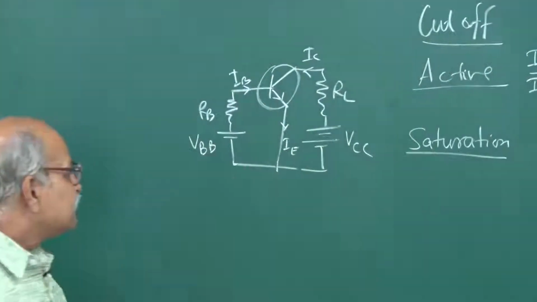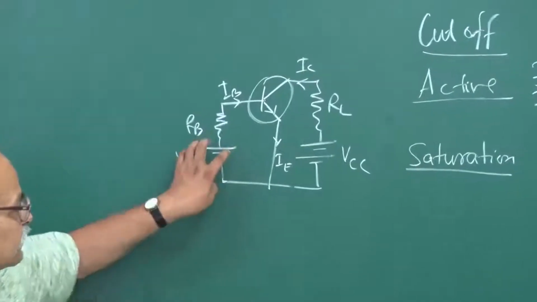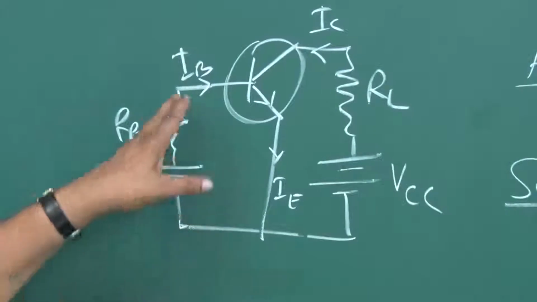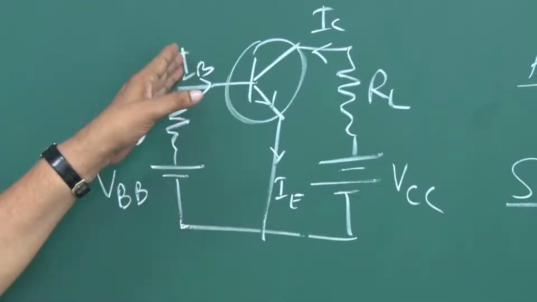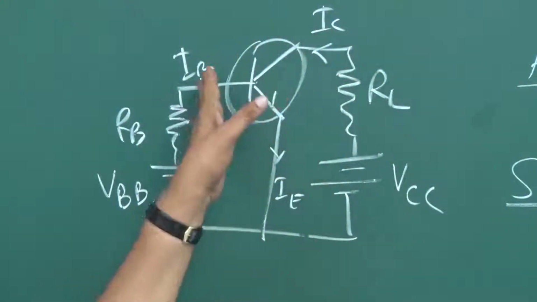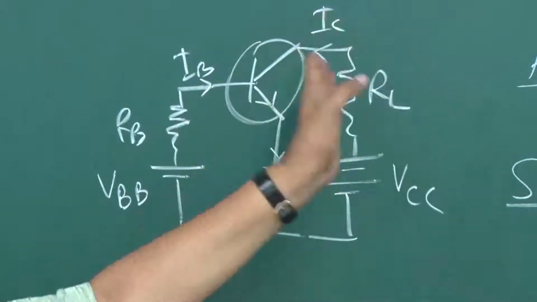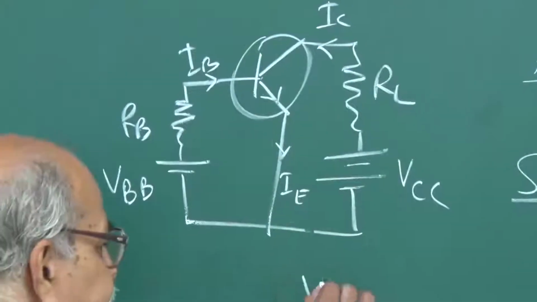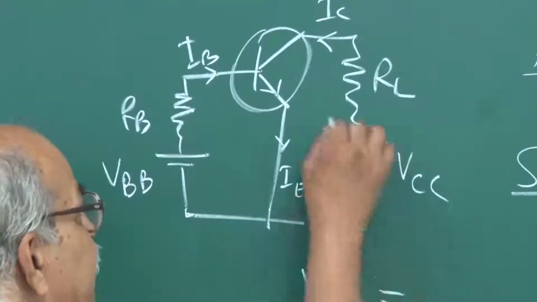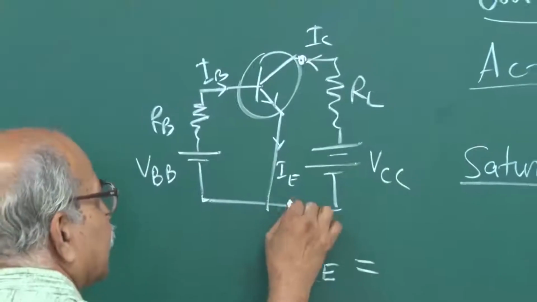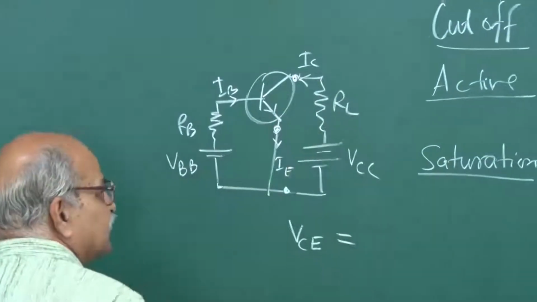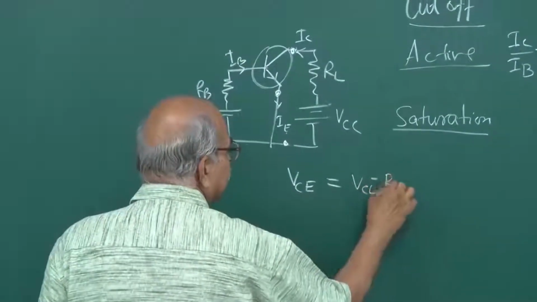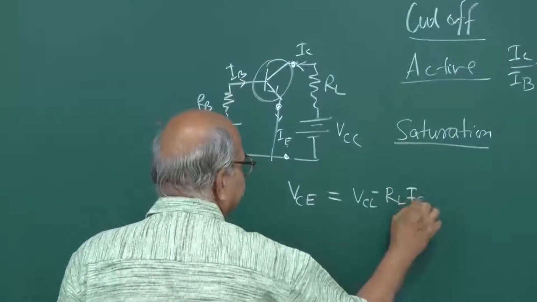So, to start with, suppose we have our biasing battery low, so that this IB is low and this is reverse bias, and IB is low, then correspondingly IC will be beta times IB, but that is also low. So, this VCE, what is VCE? VCE is between this point and this point. So, VCE is VCC minus RL times IC.